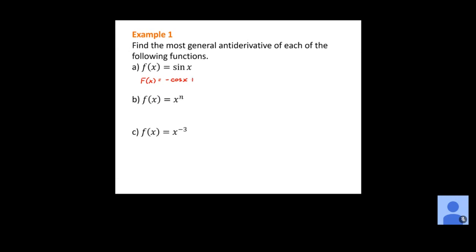So don't forget this arbitrary constant here, because now when I go through and take the derivative, cosine is negative sine, right? So it's going to give us negative sine of x. The derivative of a constant is 0, so that goes away. And so then this would actually give us sine of x, which is what we started with.